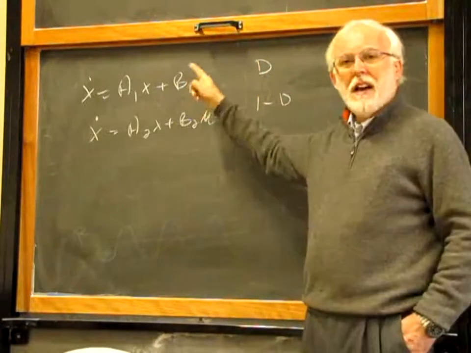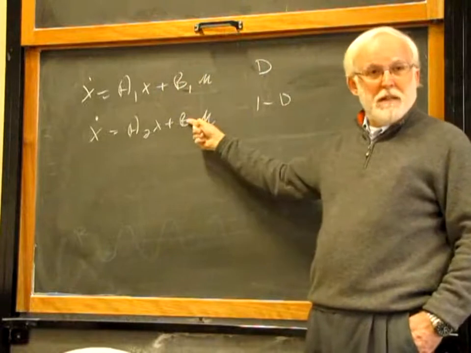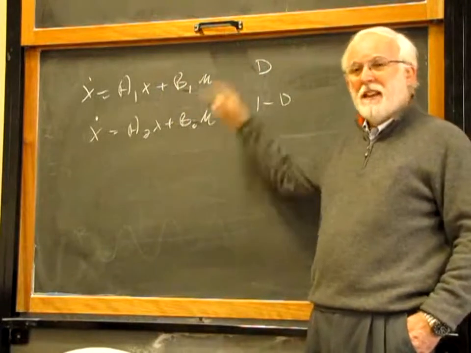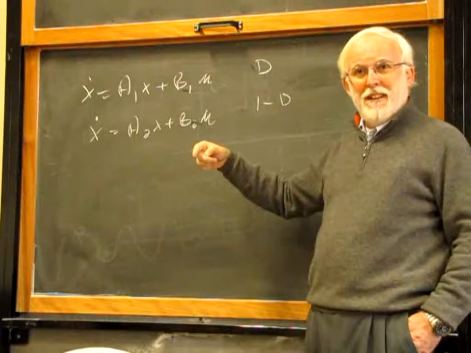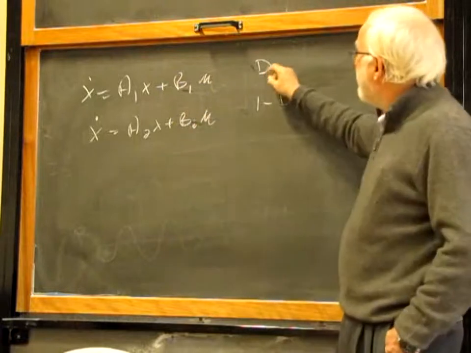I just multiply this equation by D, I multiply this equation by 1 minus D, and I add them together. What do I get?